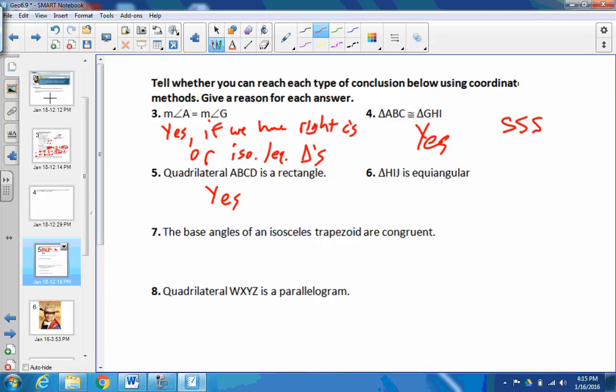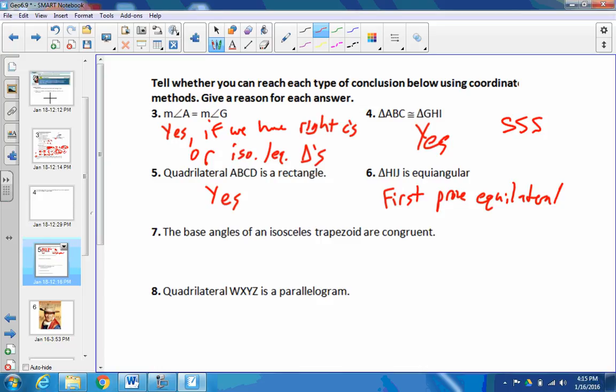If we can prove that it's equiangular, this one's tough, unless we can first prove that it's equilateral. Otherwise, we wouldn't be able to do it too easily. If we can prove that it's equilateral, then we can prove that it is equiangular.